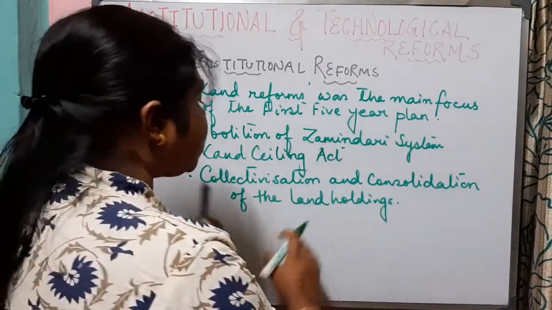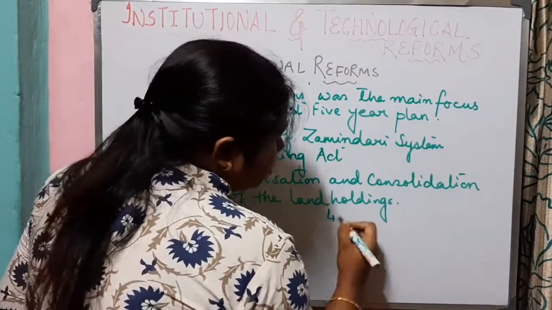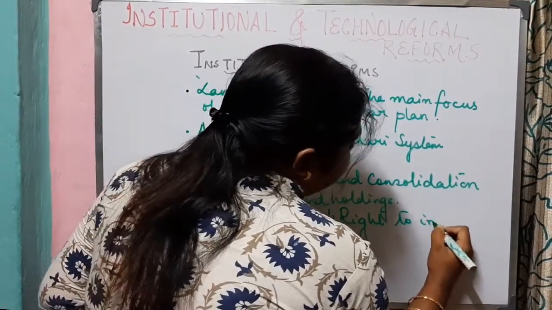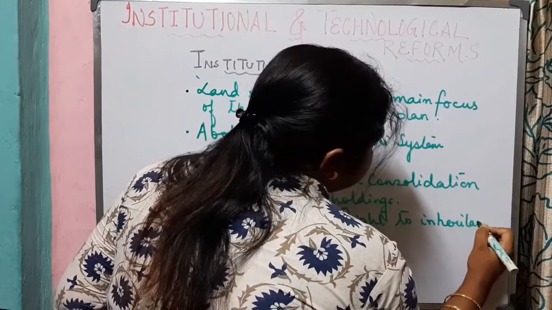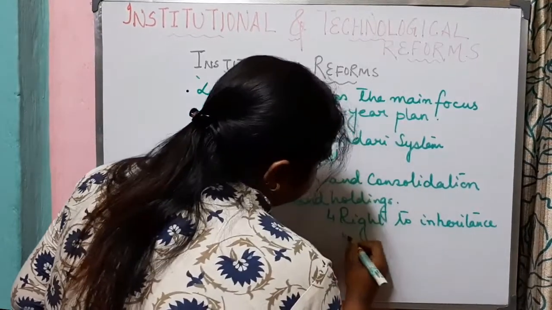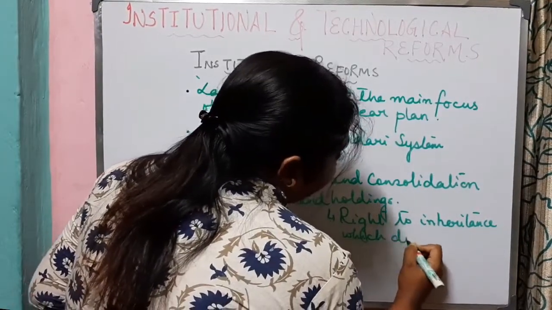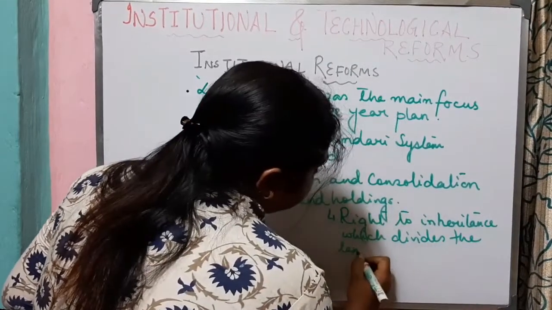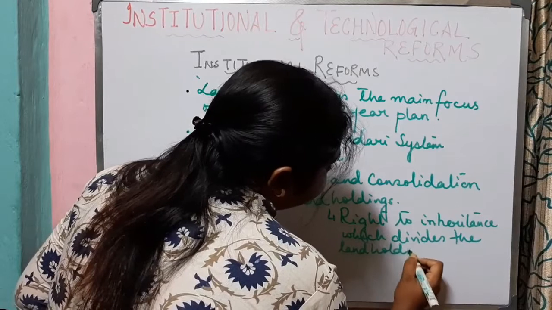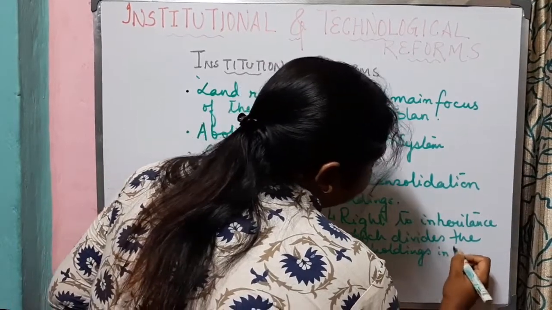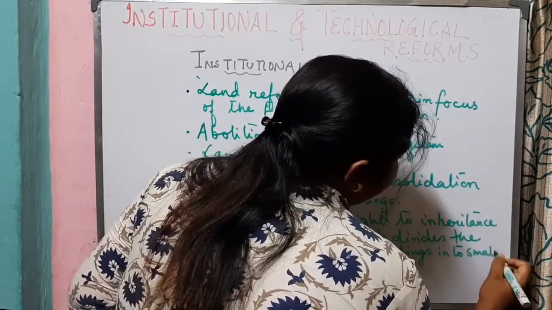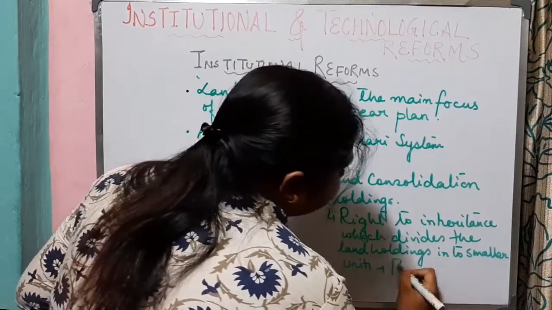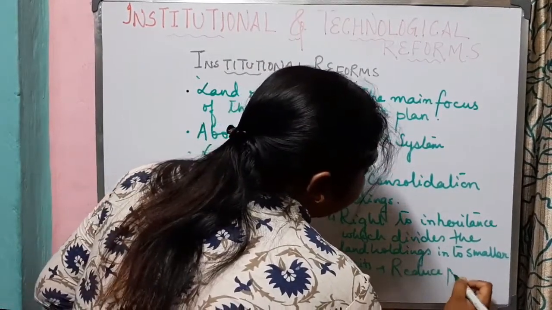Also, the consolidation of land holdings was important due to the right to inheritance, which divides the land holdings into smaller units. So, smaller units means it would reduce the productivity.